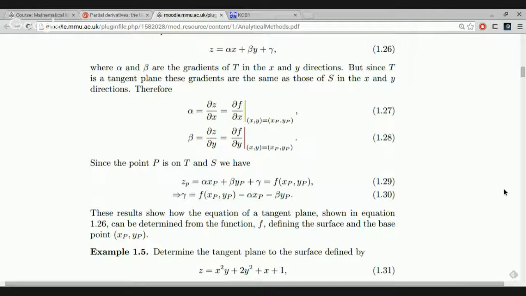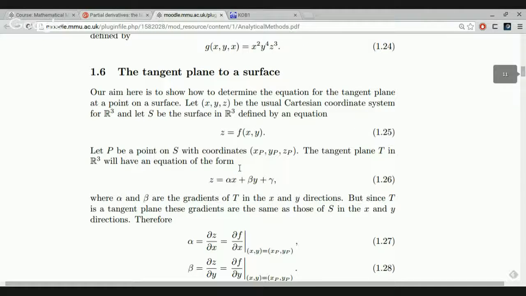So if we look at the coefficients alpha and beta first, well, this is the tangent plane to the surface. Alpha and beta are the gradients of the tangent plane. So if you take the equation of the plane and differentiate it with respect to x, you get the quantity alpha. dz/dx will just be alpha.